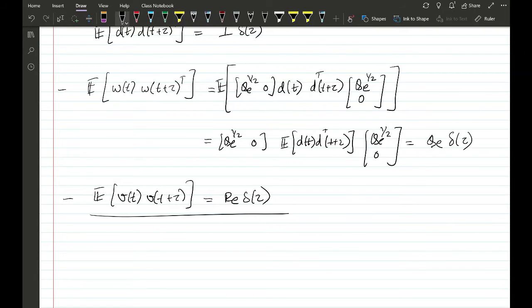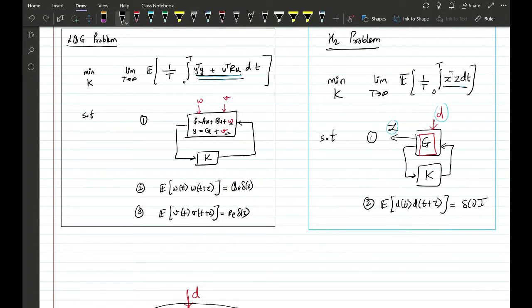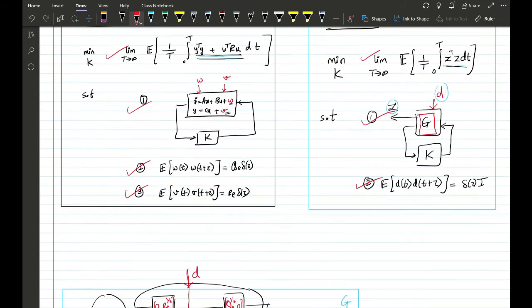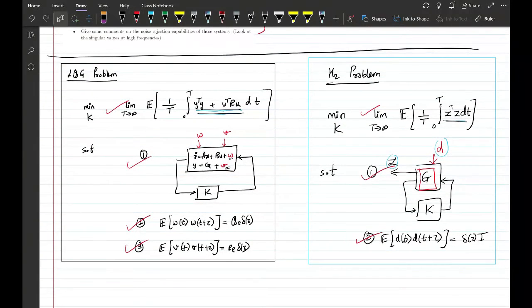So once this is true and this is true, then we have that the constraints are matching. We had the cost matching, and we also have the state dynamics matching, because that's how we get these A, B and C matrices. So we have shown that we can solve an LQG problem by solving an H2 minimization problem.